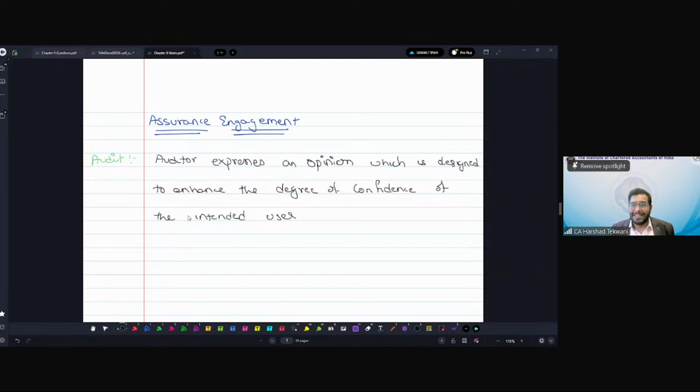The underlying subject matter is the financial statement. So his confidence should increase in the financial statement, that okay, this is the audited financial statement, now I can rely upon this financial statement.